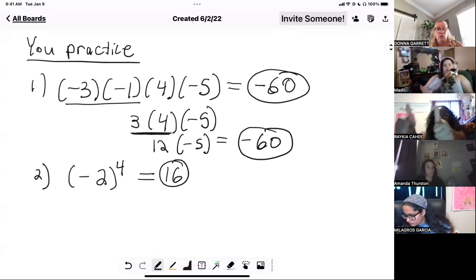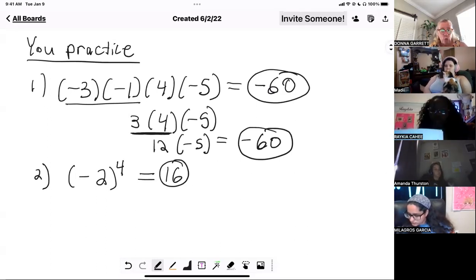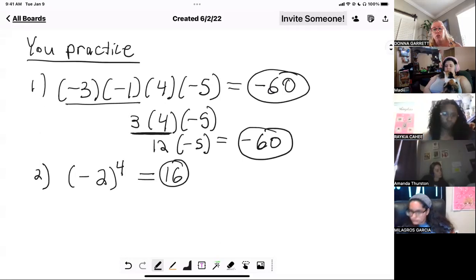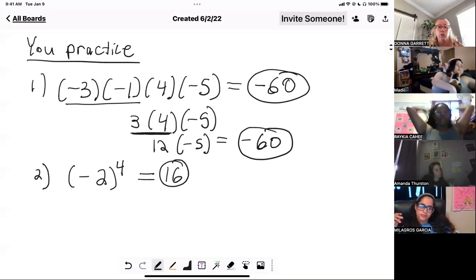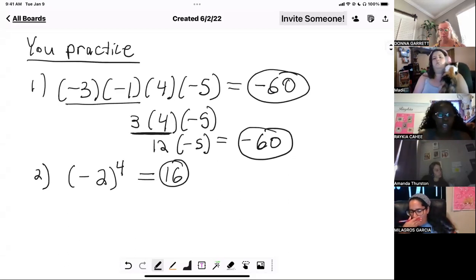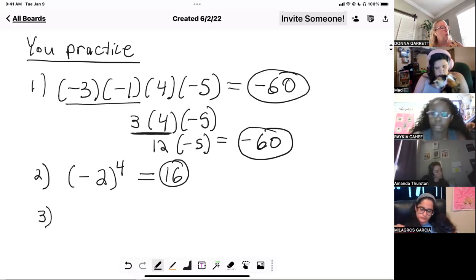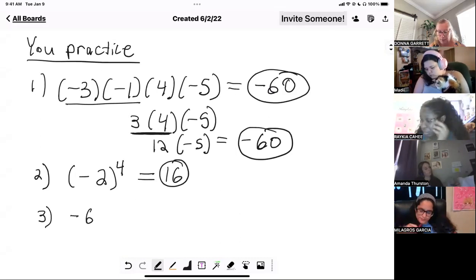Now you can write it all out, -2 times -2 times -2 times -2, or a negative to a 4th power is going to be positive. So I know my answer is positive, and then I can just use my fingers or count. 2 times 2 is 4, times 2 is 8, times 2 is 16. So 4 2s are 16. I'm a big proponent of using fingers. Anything but a calculator, I love it.